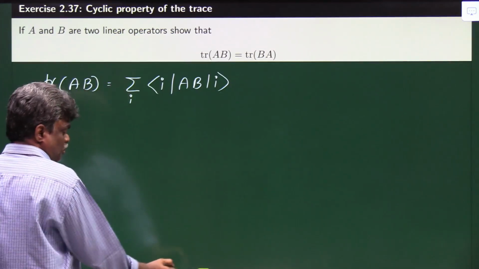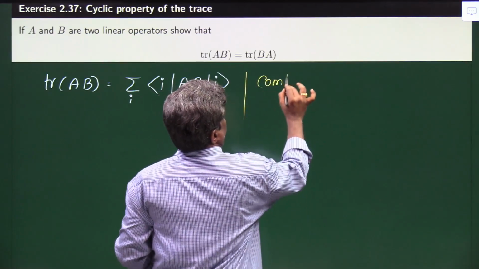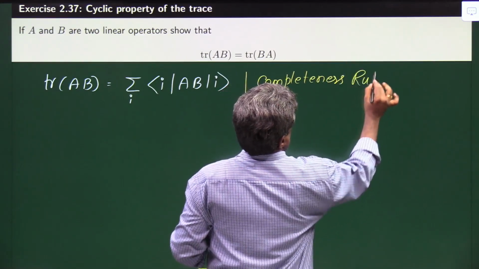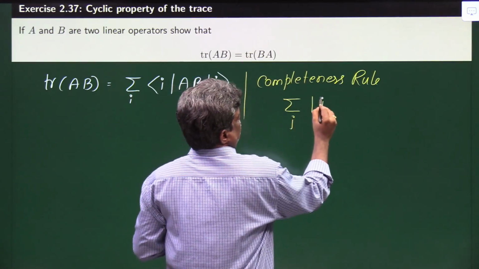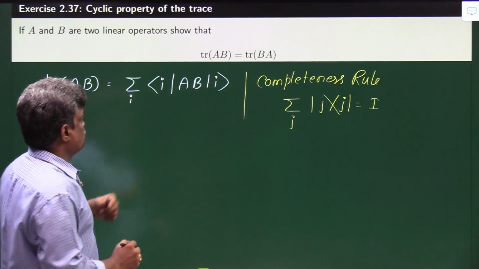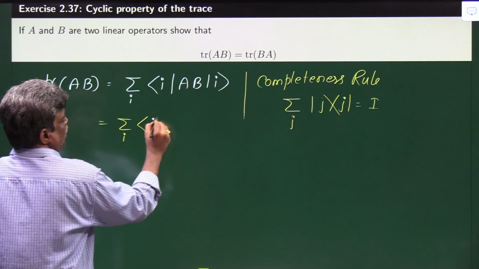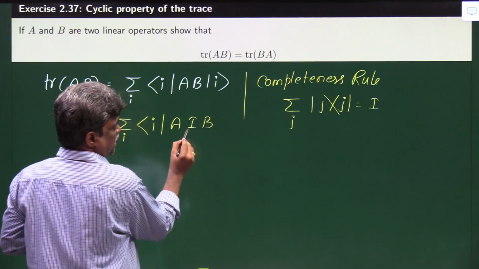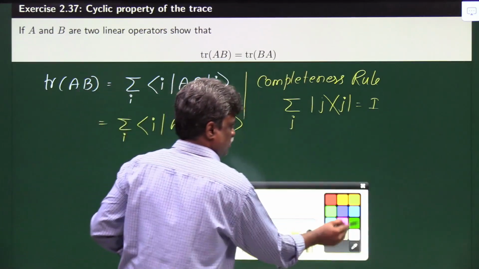Okay, so now I am using the completeness rule. I hope you remember the completeness rule. So I'm taking another dummy index, summation over j, of j outer product j equal to identity. Just take it. Now here I am going to write this as a summation over i, and I am writing A, identity, B. Because I have to interchange these two.